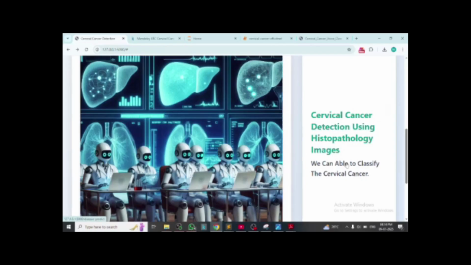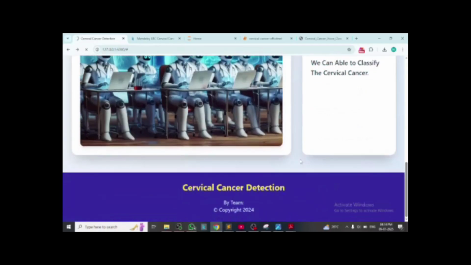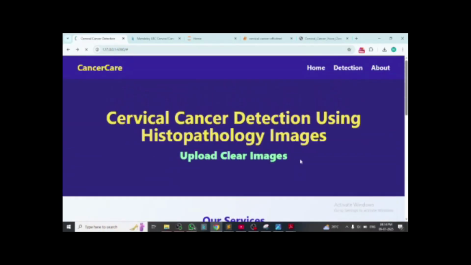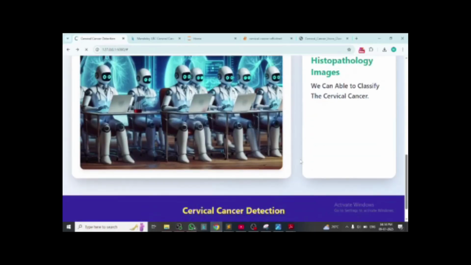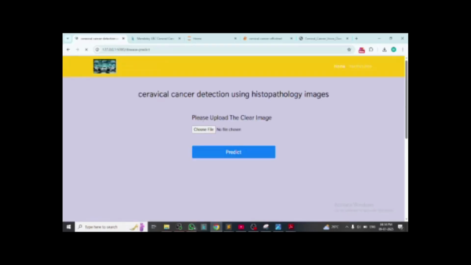So click here. Cervical cancer detection using histopathology images.